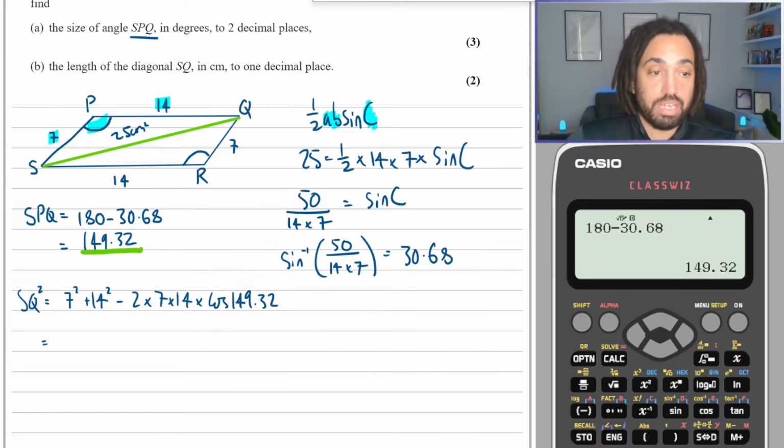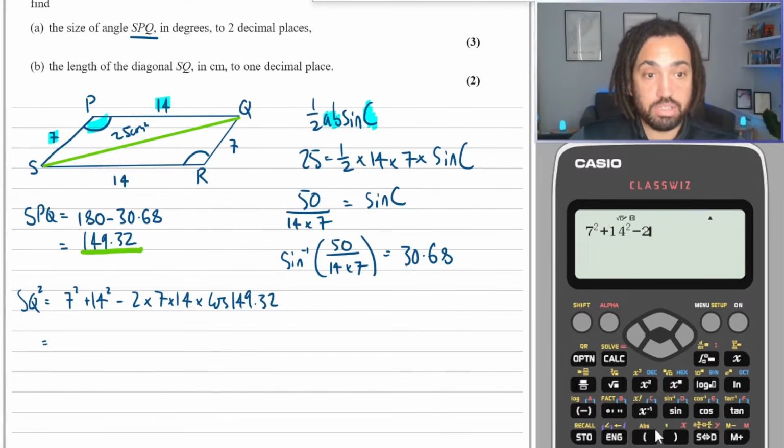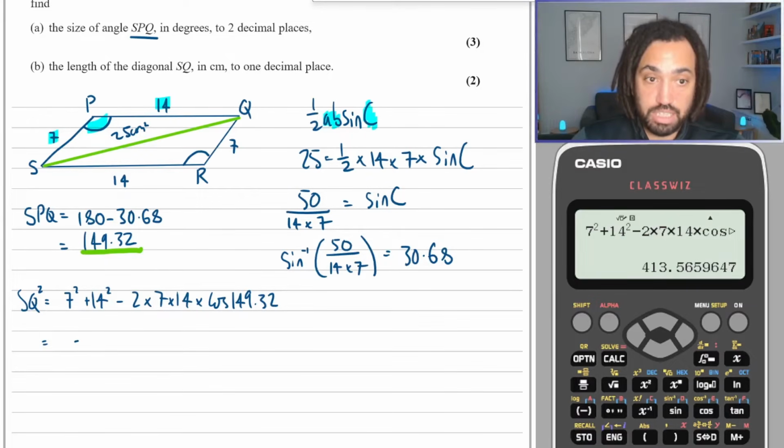Okay, so on my calculator I would do 7 squared plus 14 squared minus 2 times 7 times 14 times cosine of the previous answer, and that is equal to 413.